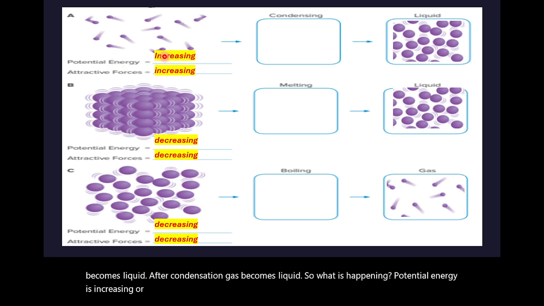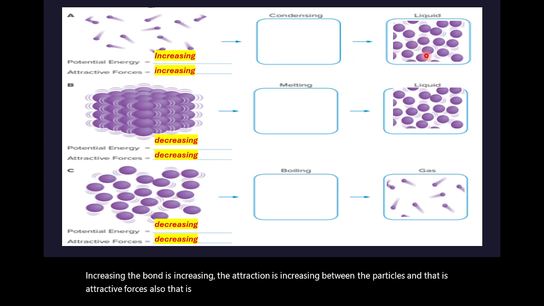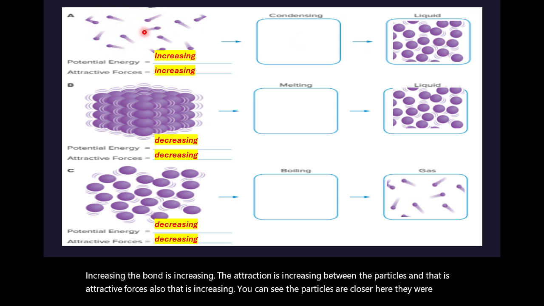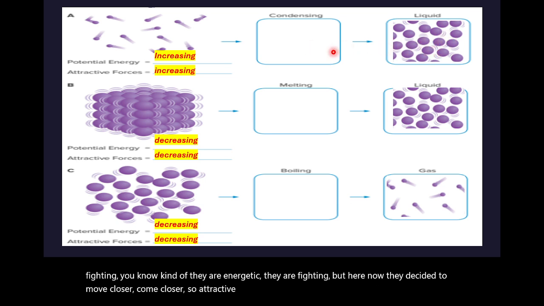The bonding is increasing. The attraction is increasing between the particles, and the attractive forces are also increasing. You can see the particles are closer. Here they were energetic, kind of fighting, but now they decided to move closer. So attractive forces are more here.